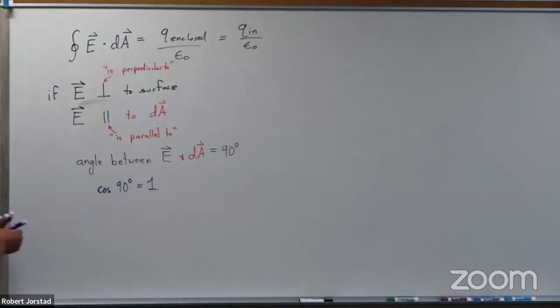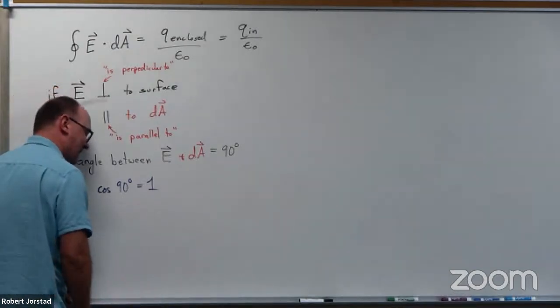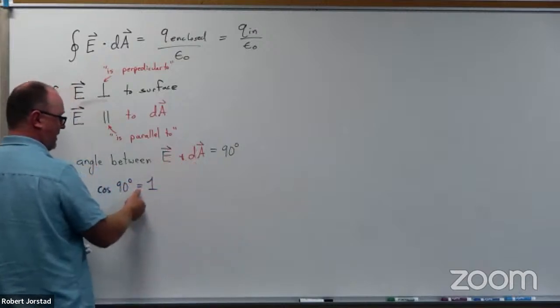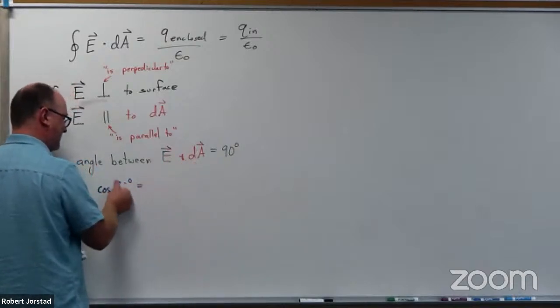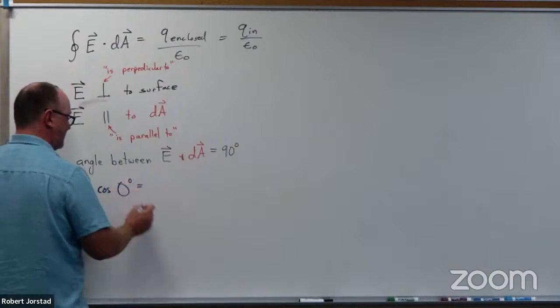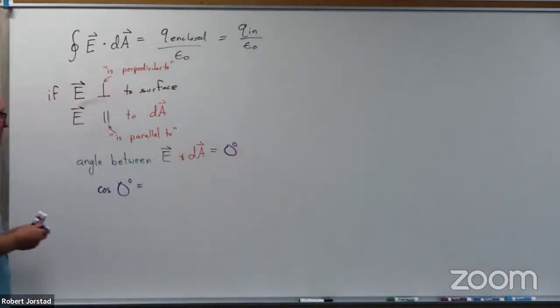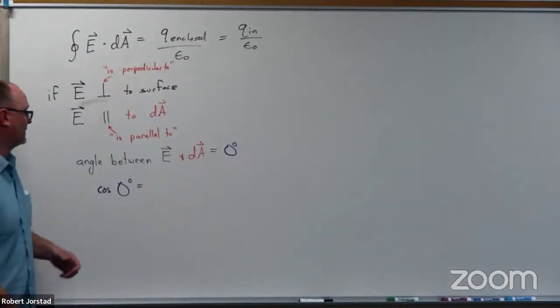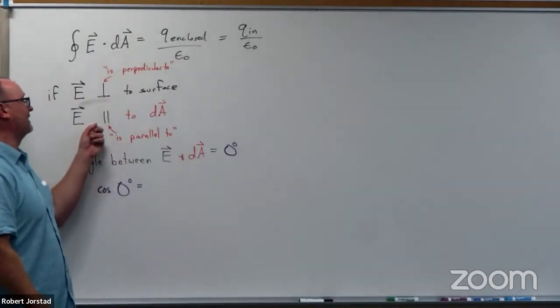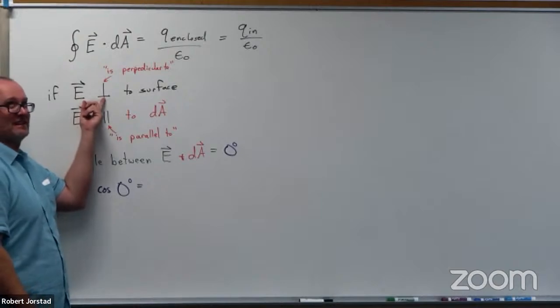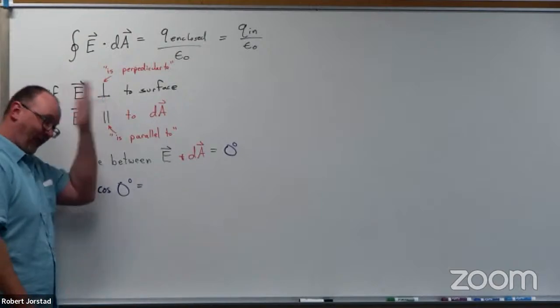Oh, whoops, I just misspoke. It's 90 degrees to the surface. This is wrong, it's completely wrong. I'm so tired. 0 degrees. I don't know what I'm saying. I apologize. The point is they're parallel, it's perpendicular to the surface, parallel to each other.